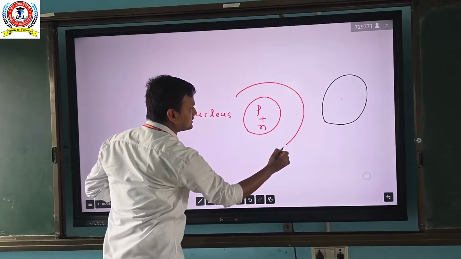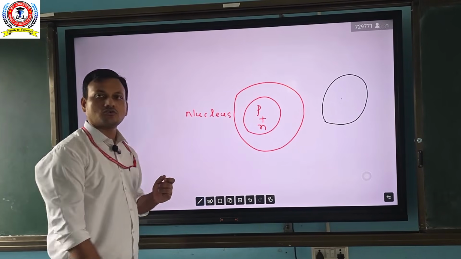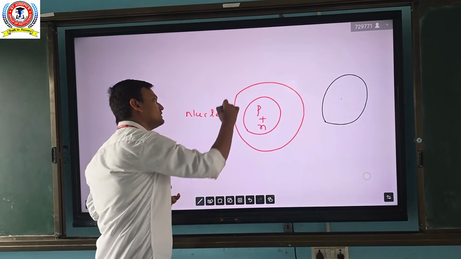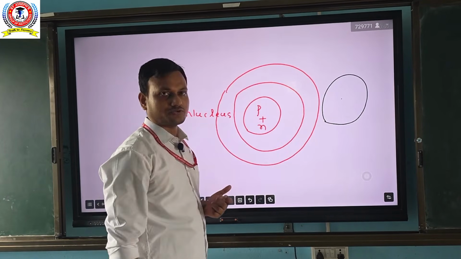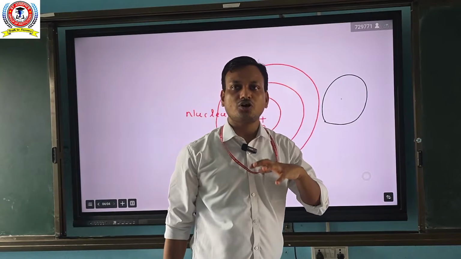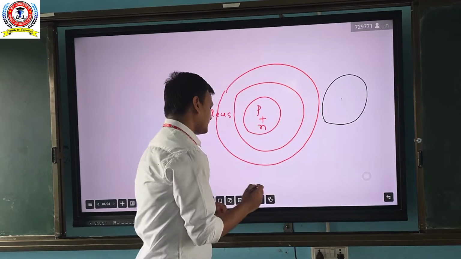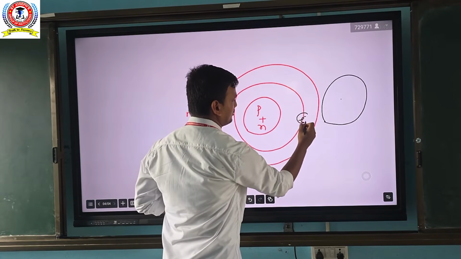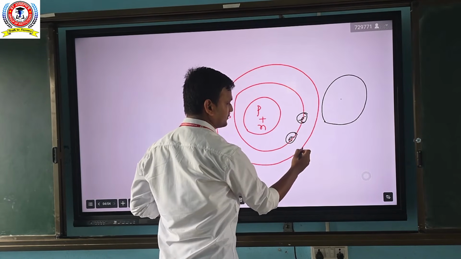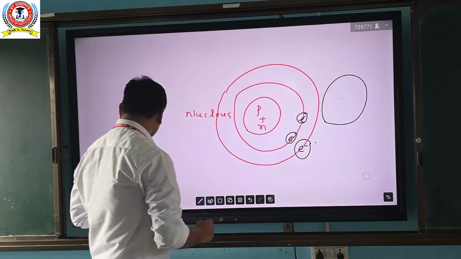This is the path where electrons revolve. Second one is, this is also a path where electrons revolve. Okay, this is the diagram or structure of an atom, and in shells or orbits electrons are present. Okay, let's come to the previous page.